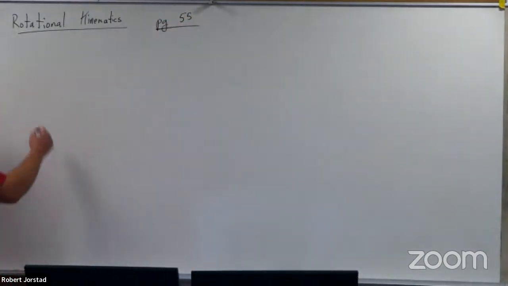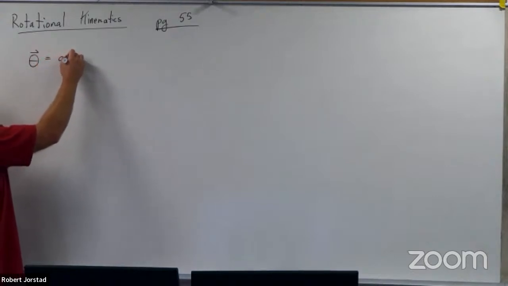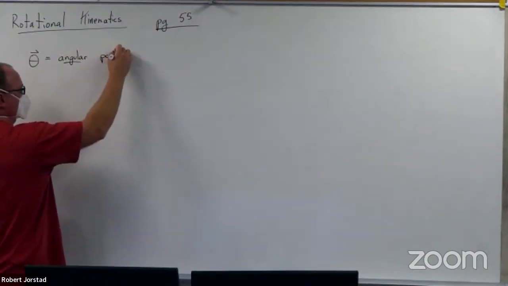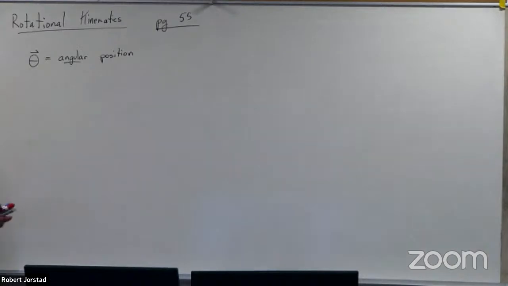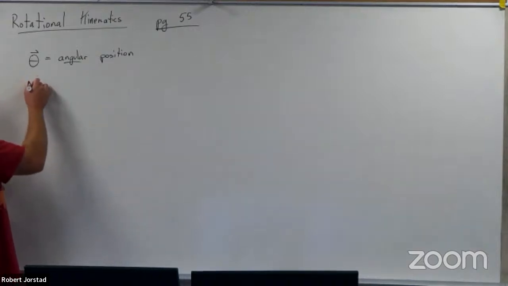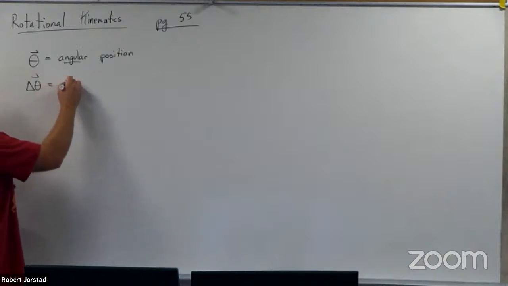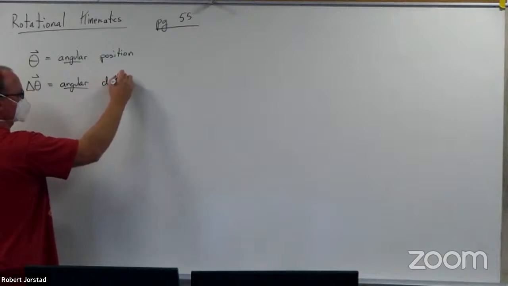I want to start by saying theta is going to be called angular position. You remember in chapter 2, x was a vector, the position, not the distance, not the displacement. And delta theta was angular displacement.